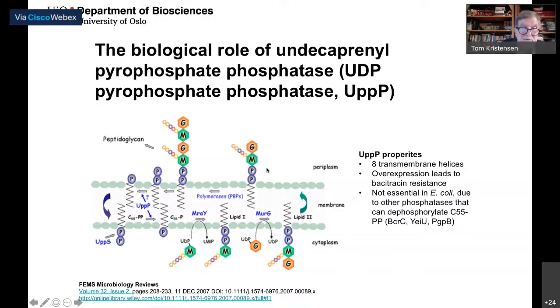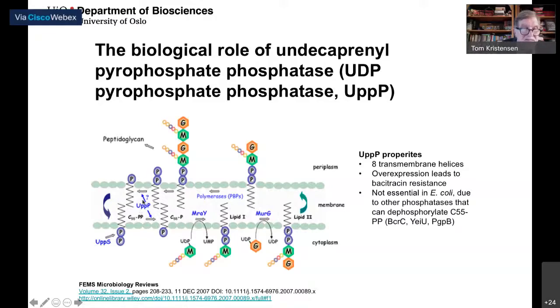The lipid 2 will then liberate at the end here the peptidoglycan, which has been synthesized, and we get undecaprenyl pyrophosphate here. UPPP, our enzyme, then removes one of these phosphate groups and also flips this lipid over to the other side of the membrane. So from being on the outside of the membrane to the inside of the membrane.